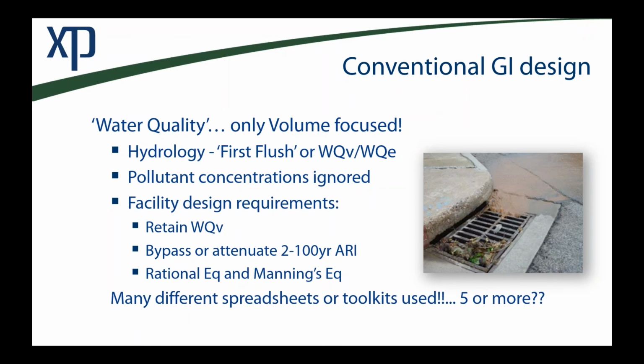I've personally worked on projects where I have used over 8 different tools to look at everything from water quality, event volume sizing, outfall and orifice sizing tools and spreadsheets, and then swale capacity and flow capacity. You end up with all these tools coming together for this project. So that's the conventional way that we do design.